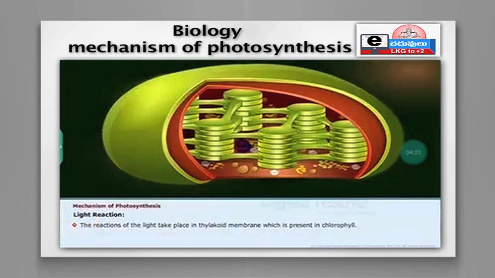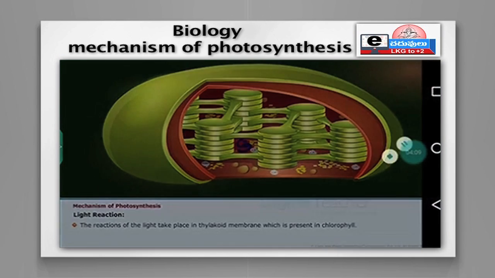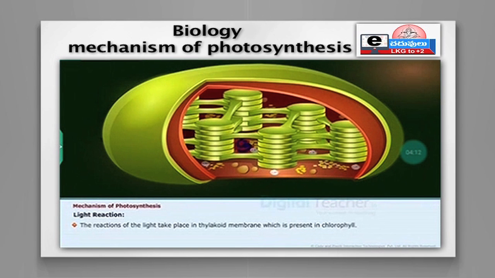Sir, the light reaction takes place in the grana. That means the grana consist of thylakoids. The light reaction takes place in the stacked saccharide-like structures, these plates called grana. The exact place is the thylakoid membranes, where the chlorophyll is present. So the light reaction takes place in the grana of the thylakoid membrane in the presence of chlorophyll.